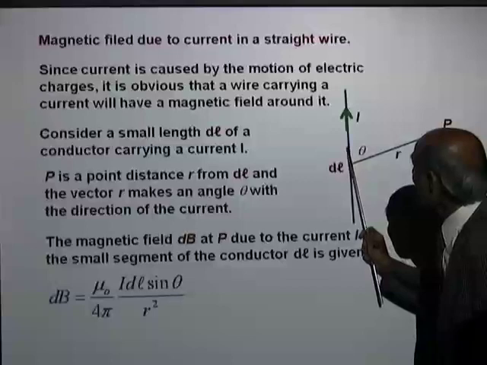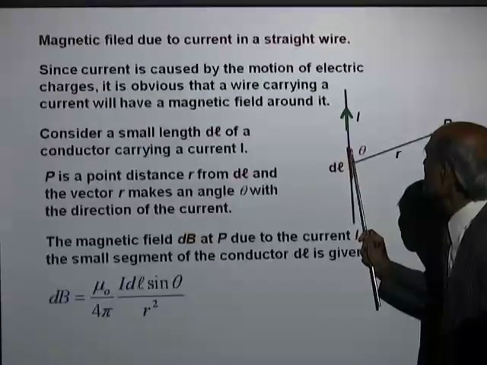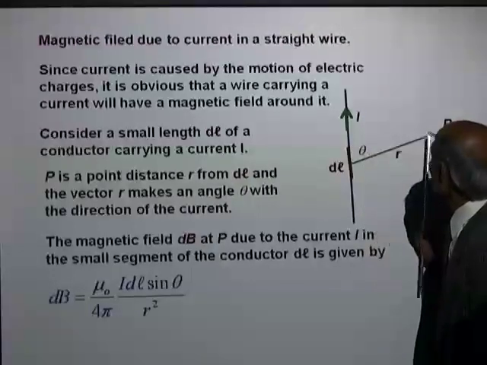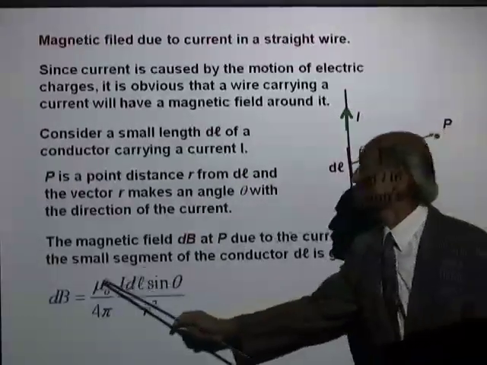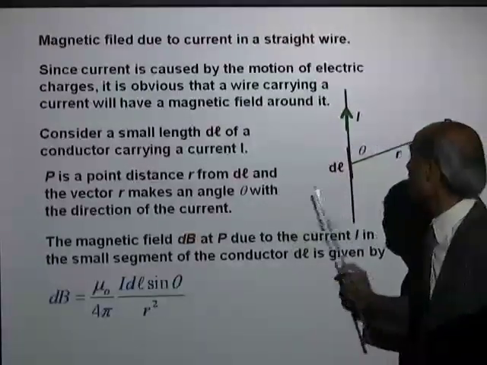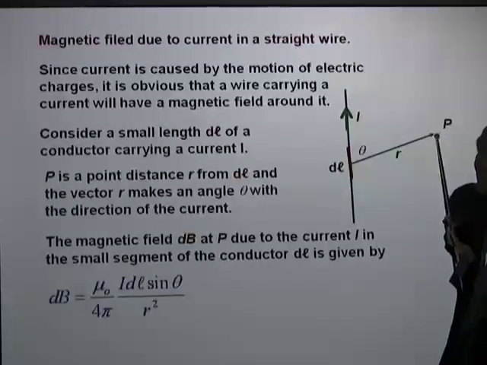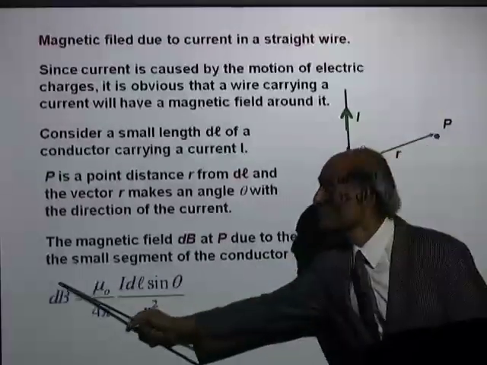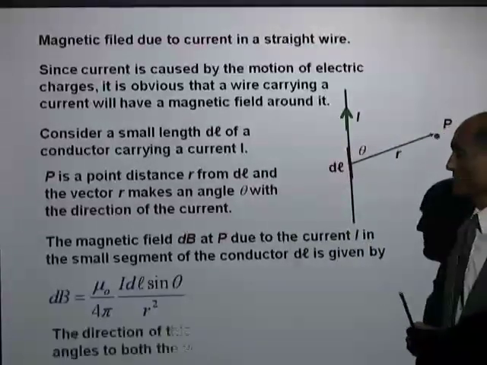So, if you consider a very small length of the conductor, the magnetic field due to current I in it will be mu0/4 pi I dl sine theta over r squared, where r is the distance of the point where this field is obtained from the length element.